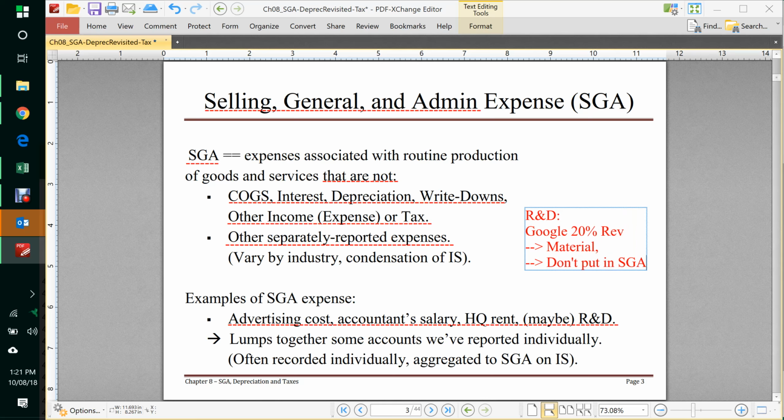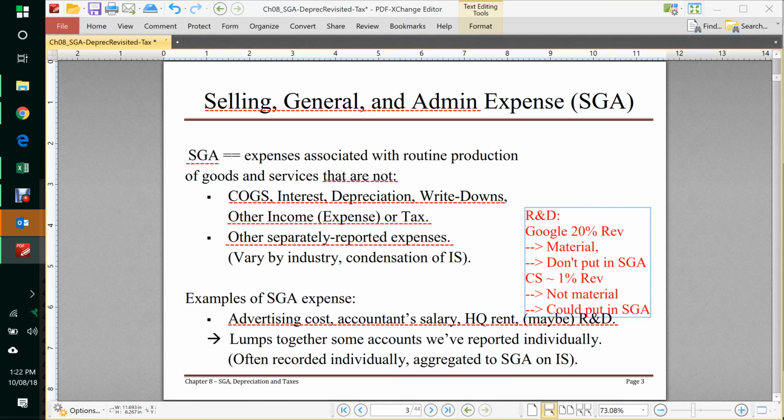For something like container space, on the other hand, it's going to be maybe 1% of revenue or less, and that means it's not material, and that means we could put it in SGA.